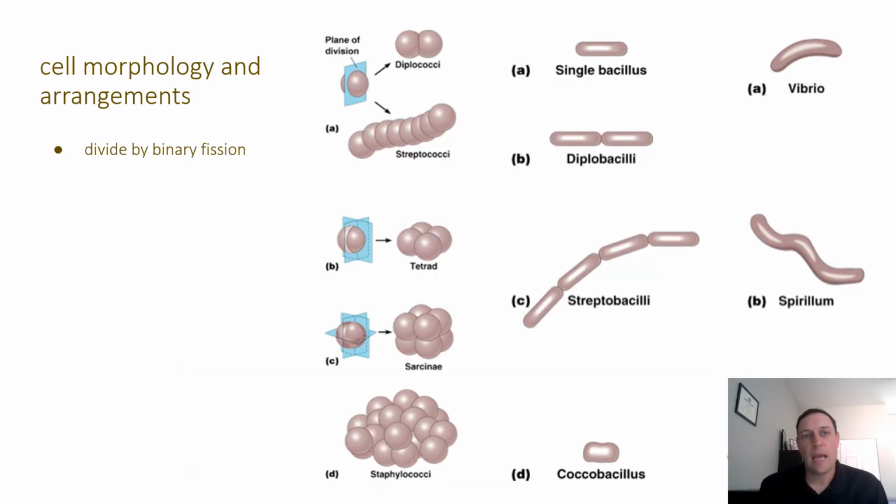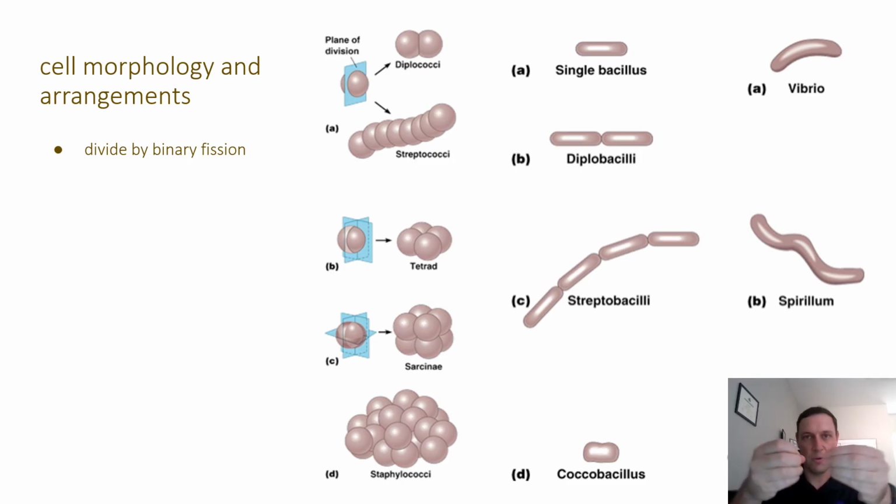If we take a look at the morphology and arrangements in a little bit of a different way, I'm not going to spend much more time here, but I did want to highlight that what leads to these different arrangements, as I mentioned, is how they divide in binary fission and whether they stay connected to each other or not. And here on the left side of this graphic, it actually shows how, depending on how many planes of division are present for a species of bacteria, a cell may divide this way, and now you end up with 2.